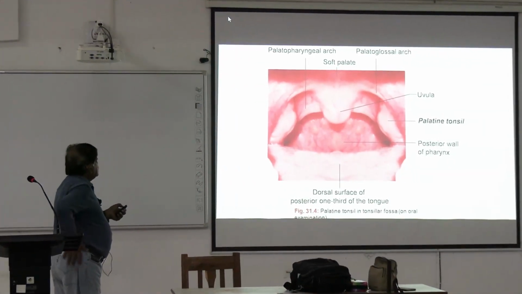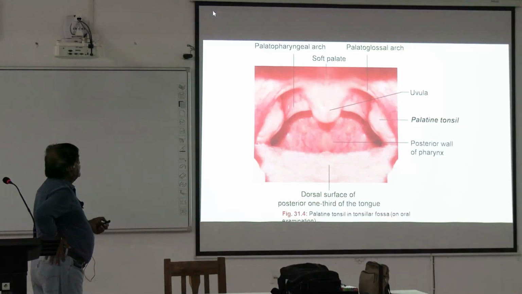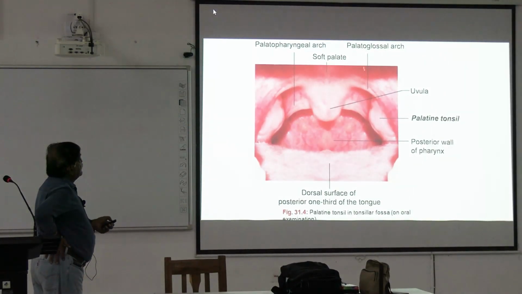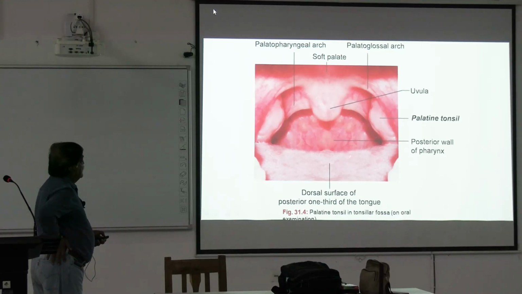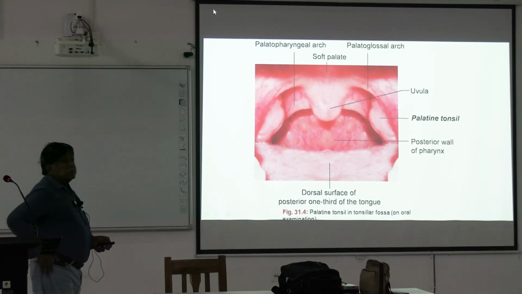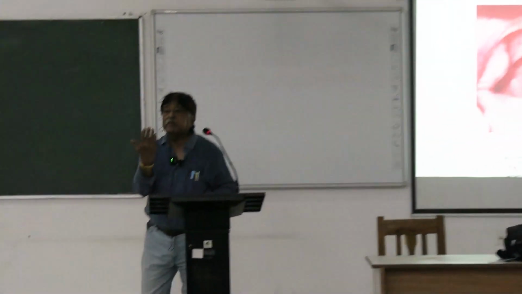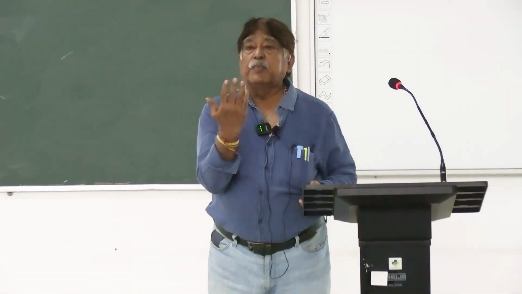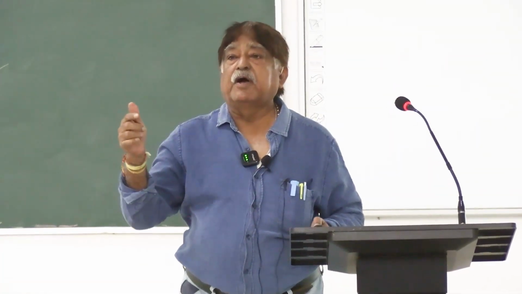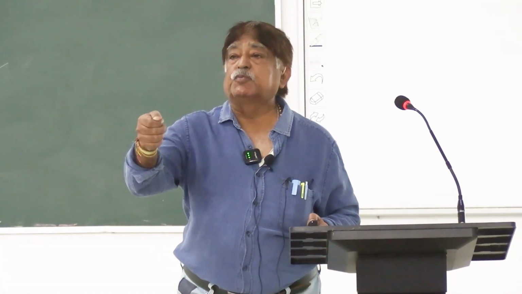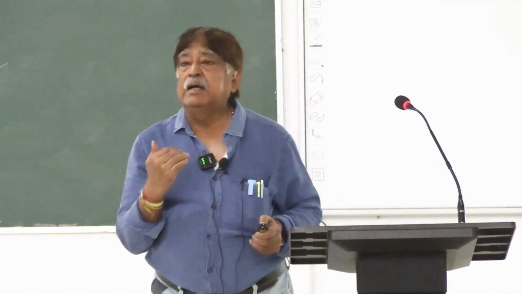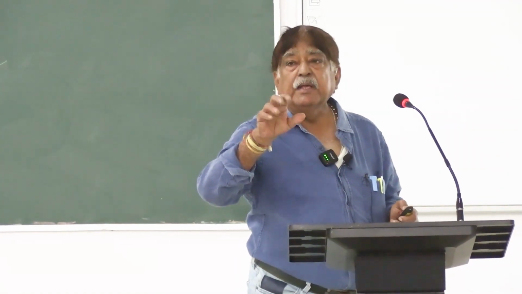Now, palatopharyngeal arch, the palatoglossal arch, soft palate, this is the uvula, palatine tonsil, posterior wall of pharynx, dorsal surface of posterior 1/3 of the tongue. This you can see in the mirror yourself. Or you open your mouth and try to identify, or your friends, you put a spoon and depress the tongue and see the anatomy.